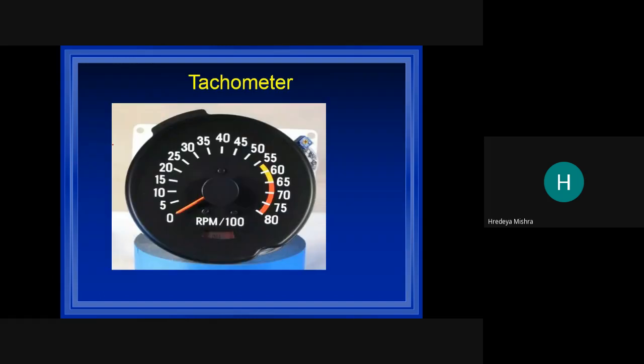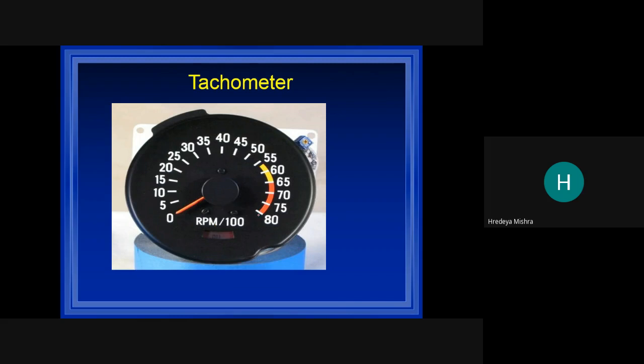Tachometer. So what is the tachometer? We can say it is also a speed meter, but it gives your speed in RPM, revolutions per minute.